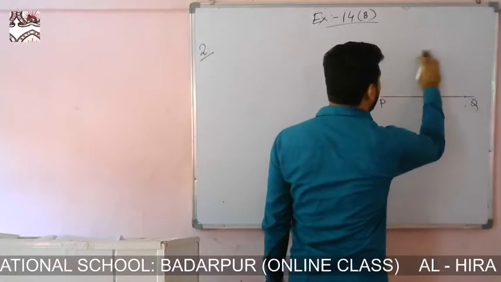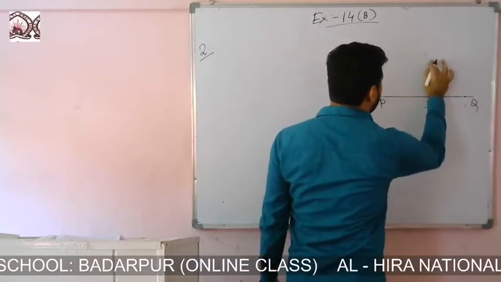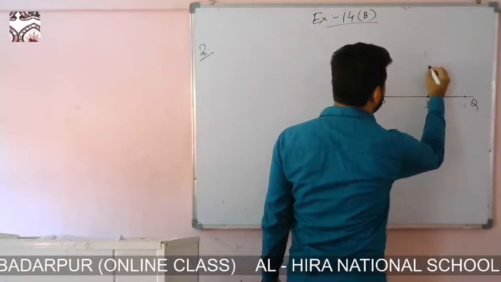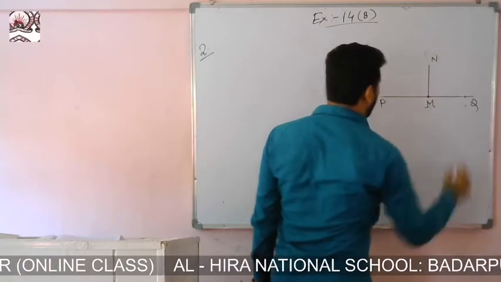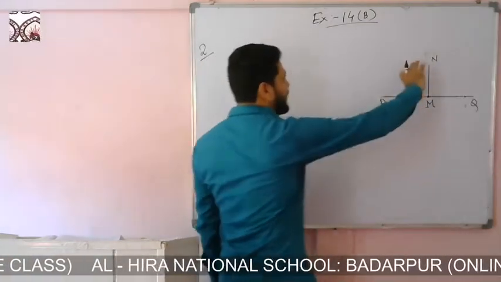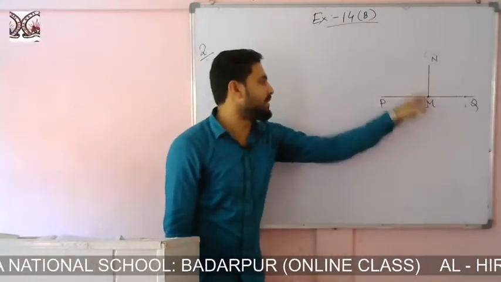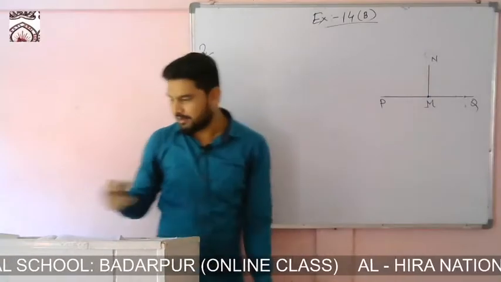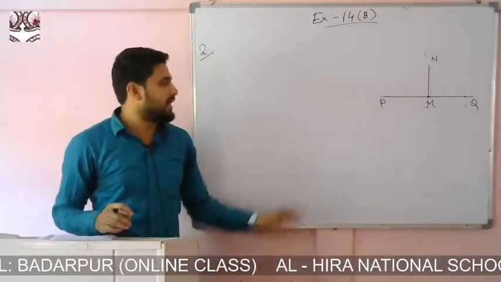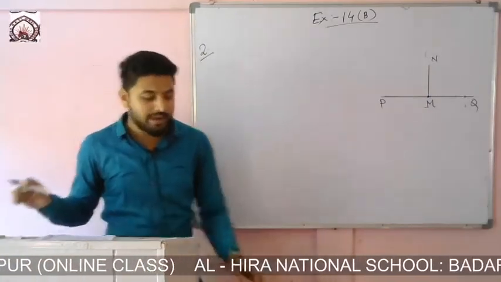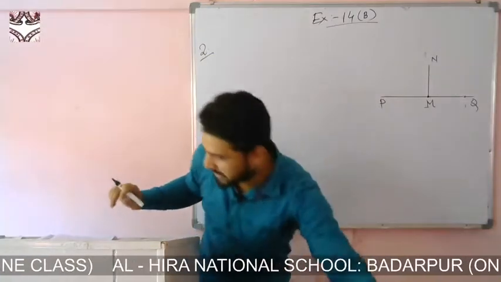You take a point here. Suppose this is N. So with set square I have drawn PQ perpendicular, MN or MN perpendicular, PQ. Okay. Now using protractor I have to check.